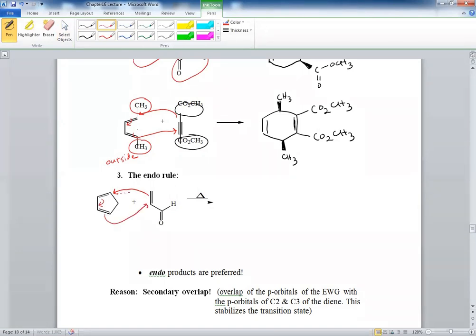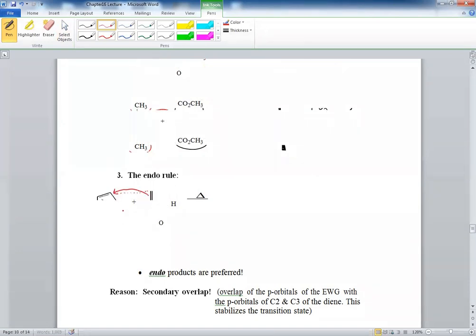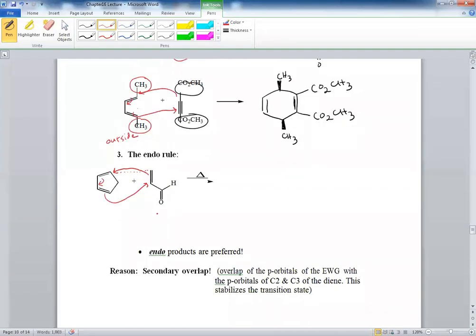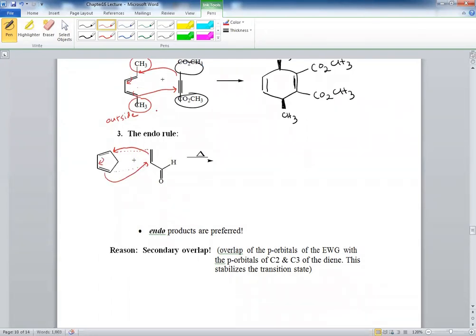Again, you can draw a line in between. Remember, we're going to form a bicyclic bridge. So it's going to be like this.